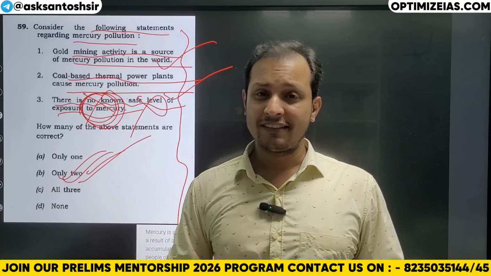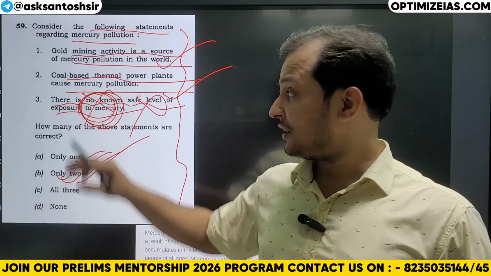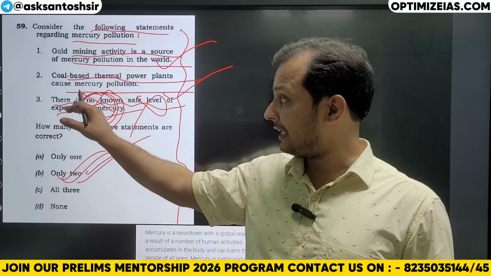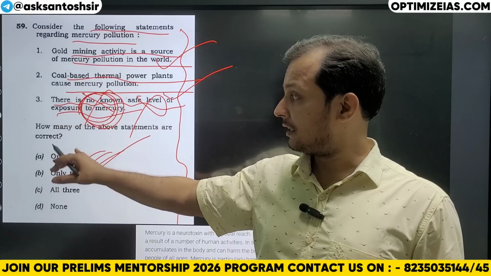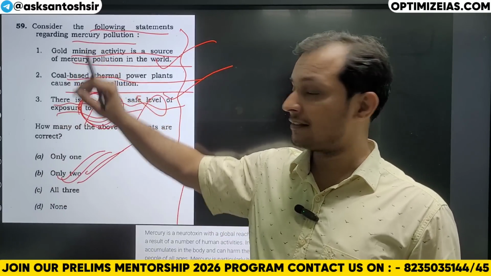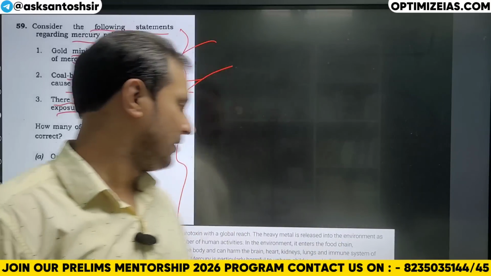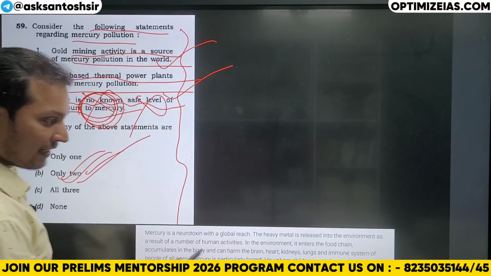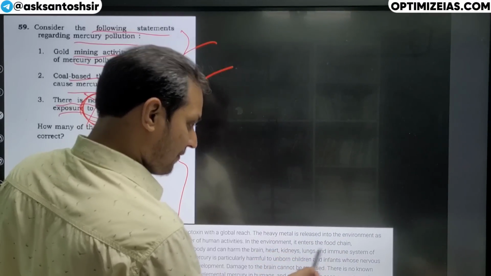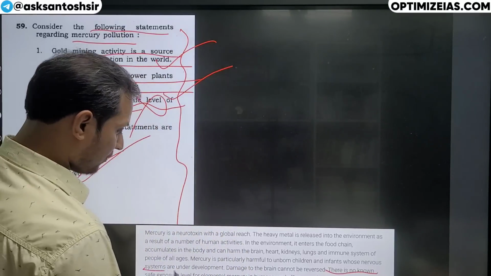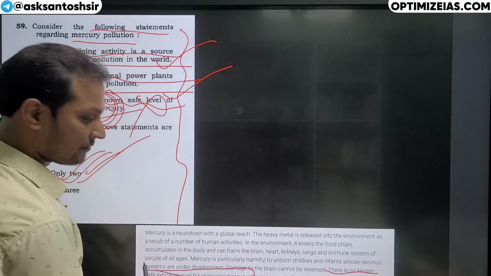You know, there's a very interesting thing. The official answer of the UPSC can be solved using my elimination technique. Generally, no is eliminated, so we get the answer 1 and 2. But if you go through the websites of UNEP, it clearly says that there is no known limit of mercury exposure.